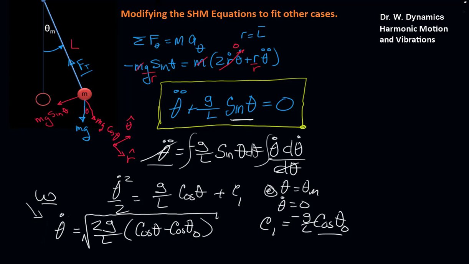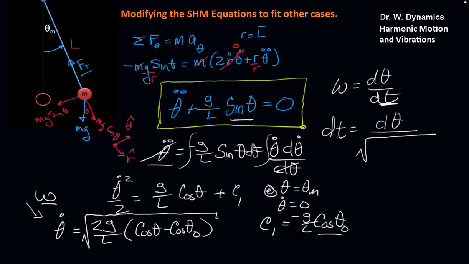However, the next step, which would be to say that that omega is d theta dt, where there's the time for this oscillation to occur, dt, rearranging it, would be d theta over the square root of 2G on L, cos of theta minus cos of theta 0.